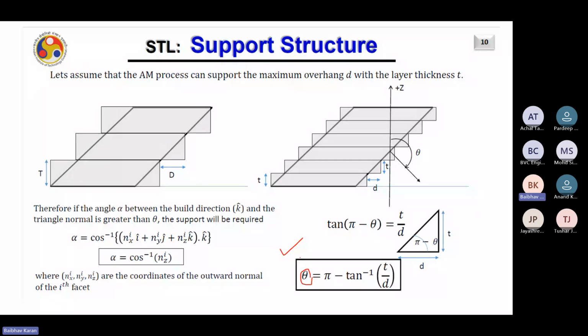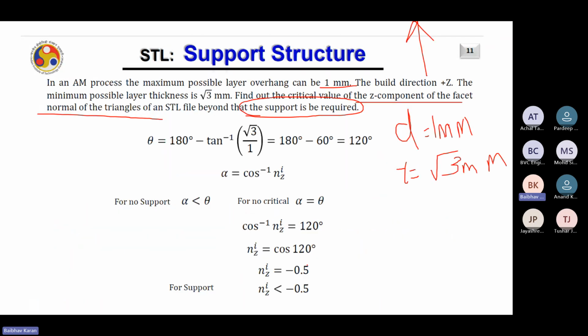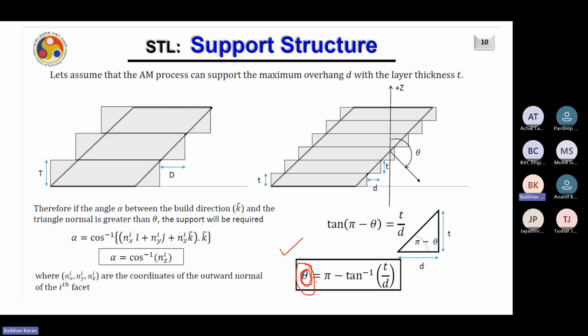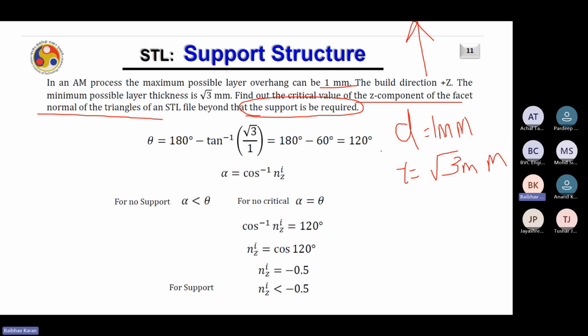So let's find out this critical value, which will give you the angle that will be created when we use the specified T and D given here.